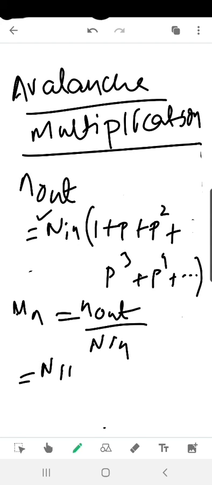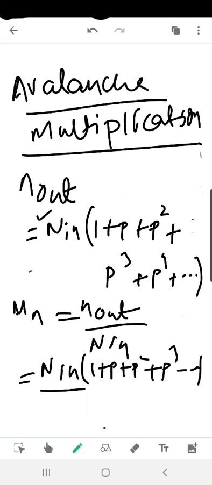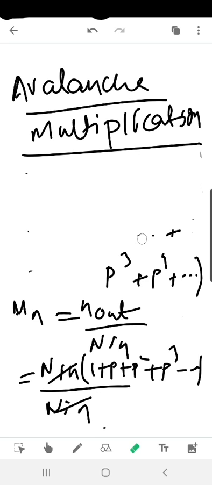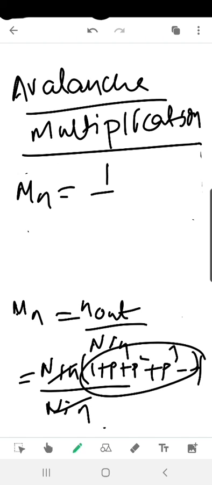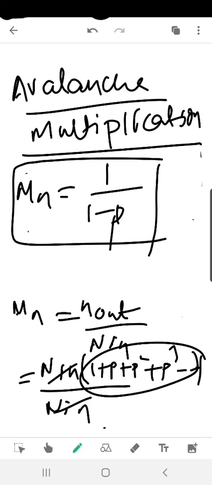I can write it as n in into 1 plus p plus p square plus p cube and so on, divided by n in. So n in will cancel out, and the electron concentration Mn will be equal to this series, and the sum of this series is given as 1 upon 1 minus p. So this will be our electron concentration, where p is probability.